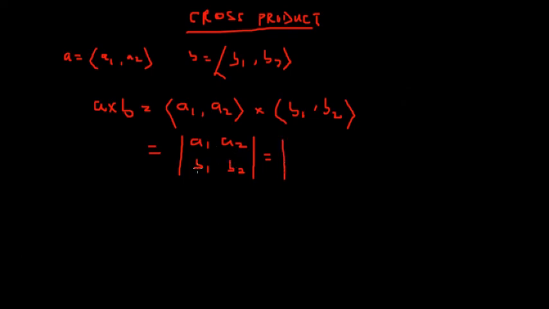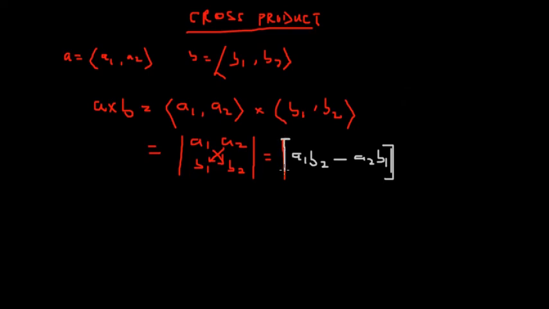It's like cross multiplication: you multiply A1 by B2, and then you subtract from that A2 times B1. That will be your final answer.